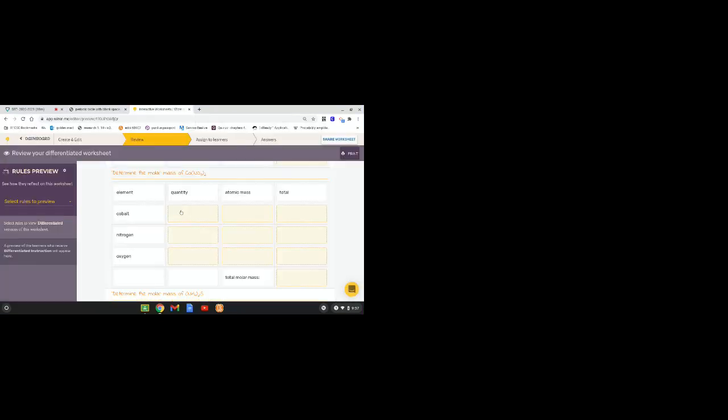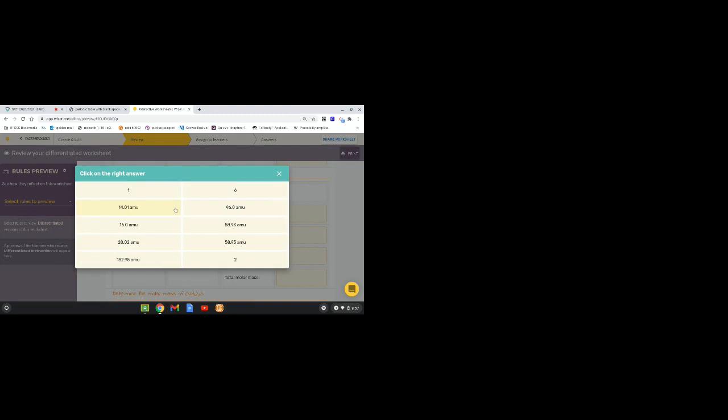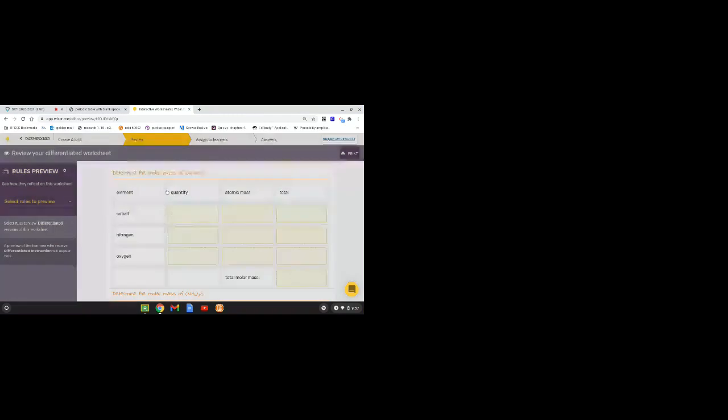That 2 only goes inside the parentheses. It does not go to that cobalt because the cobalt is outside the parentheses. So I only have one cobalt here.